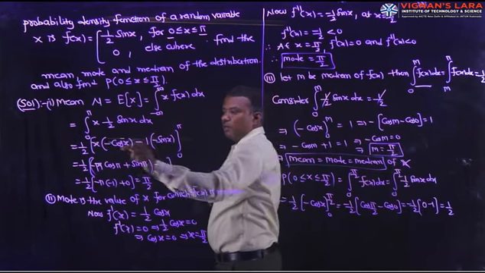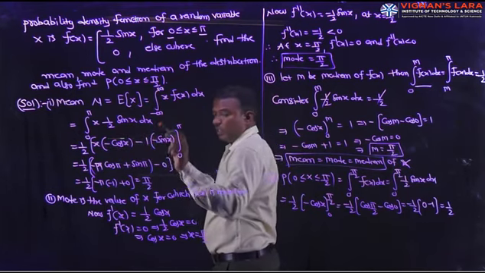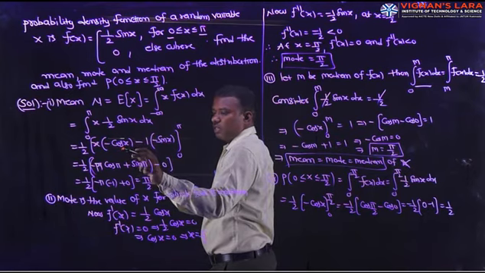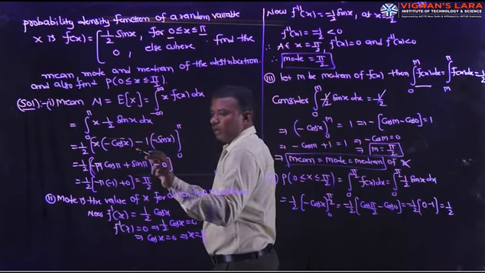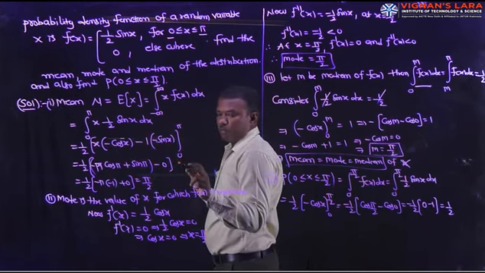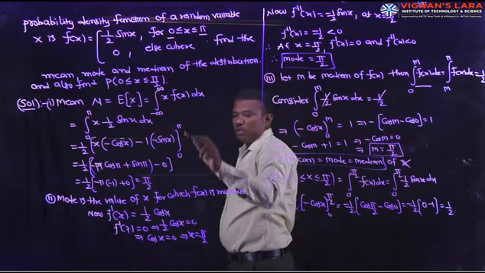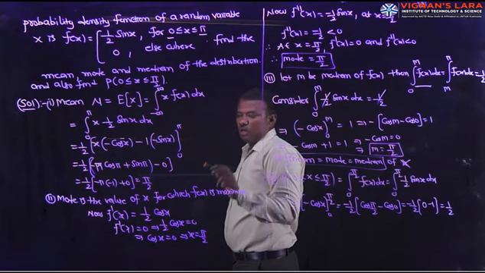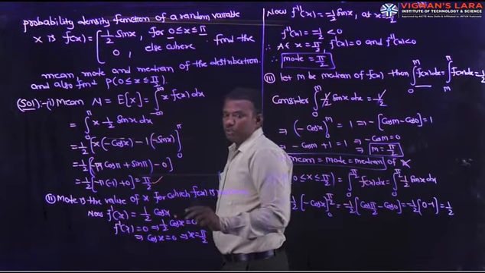So 1 by 2 into x sin x, integration by parts: x into the integral of sin x, which is minus cos x, minus the derivative of x, 1, again integrated: minus cos x minus sin x, and apply the limits between 0 and pi. We know that sin pi is 0, sin 0 is 0, cos 0 is 1 and cos pi is minus 1. Then we get the mean of the distribution as pi by 2.